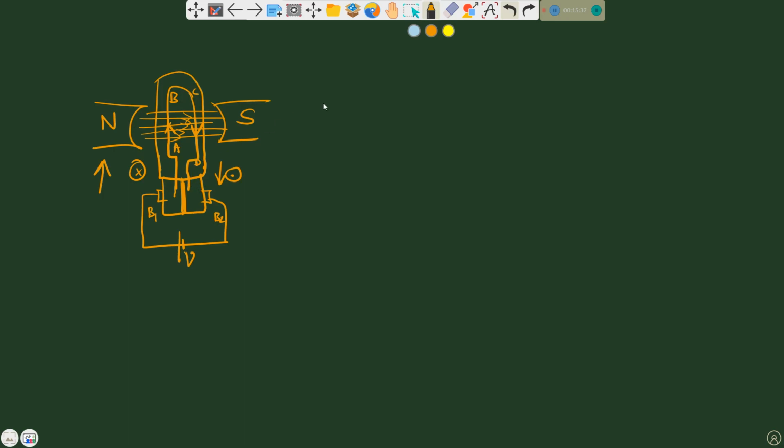Now the direction of current is from B to A under south pole. Let me draw it here again. I'll just draw a coil. So this is north and this is south. What is happening here? After half rotation, CD comes under north pole, and BA under south pole, correct?